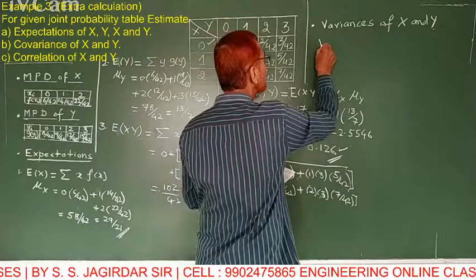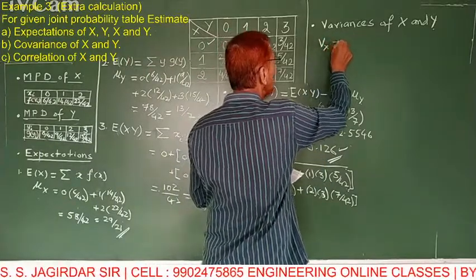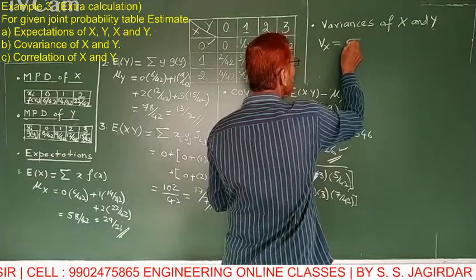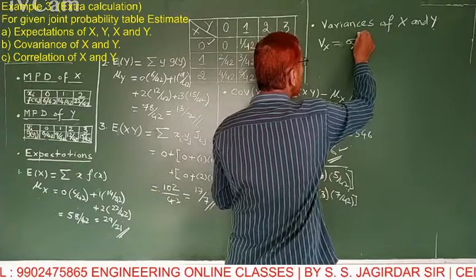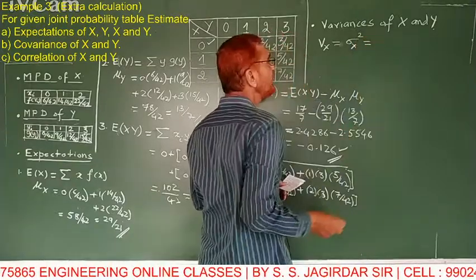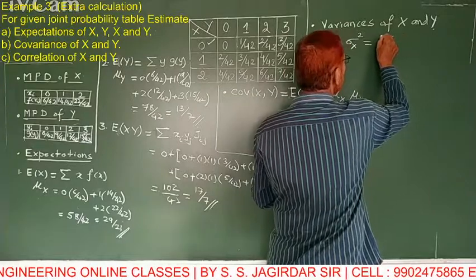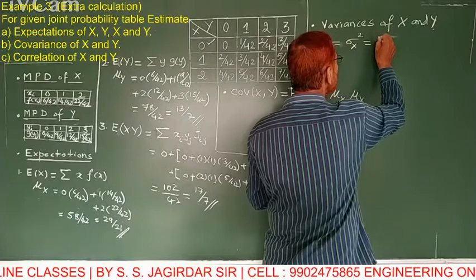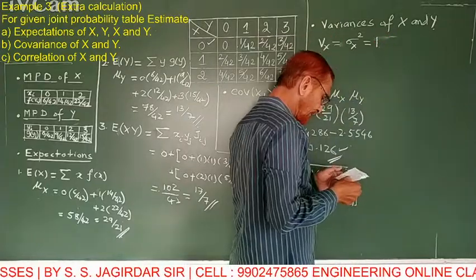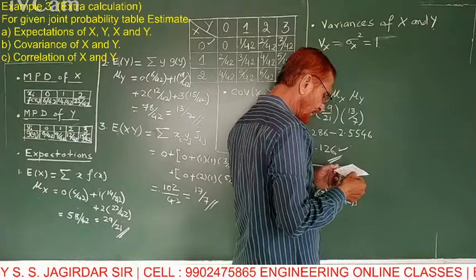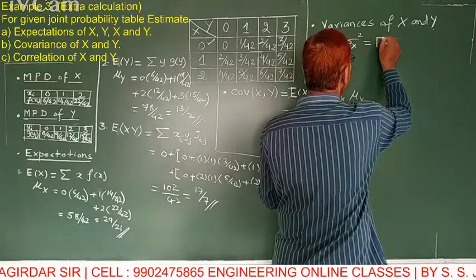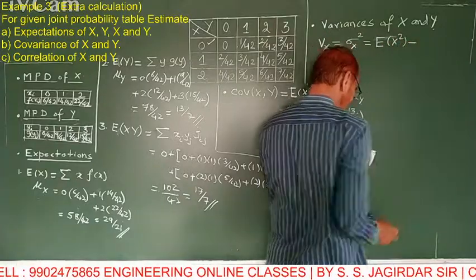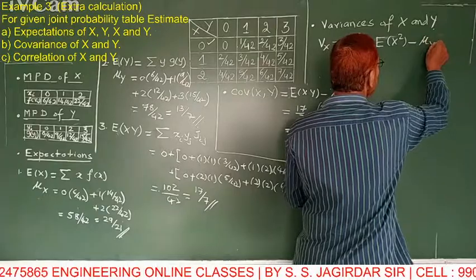The formula notation is V of X, that is variance of X, equal to sigma X square, and another symbol is there. For variance you can take this symbol: expectation of X square minus mu X square.